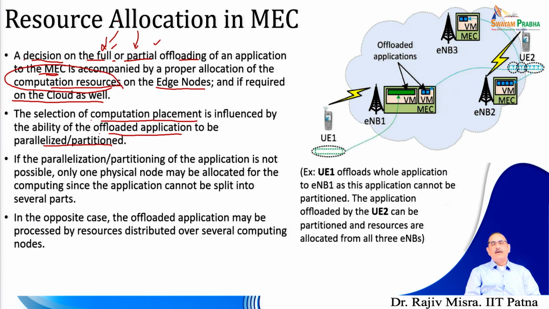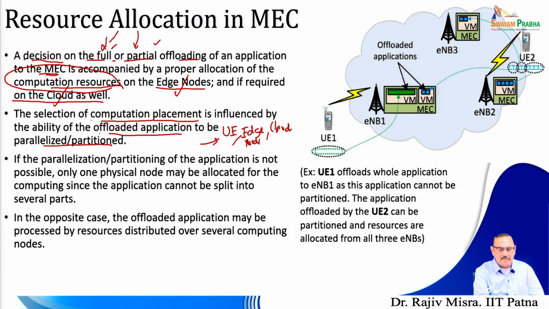So, it is offloading all its application execution over either the edge nodes, but in which of the edge nodes, otherwise the cloud. So, this is the selection whether it is to be done on the user equipment, or on the edge node, or on the cloud. This particular choice is called the computation placement.